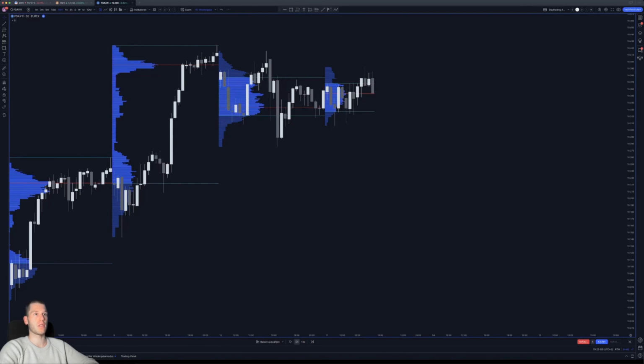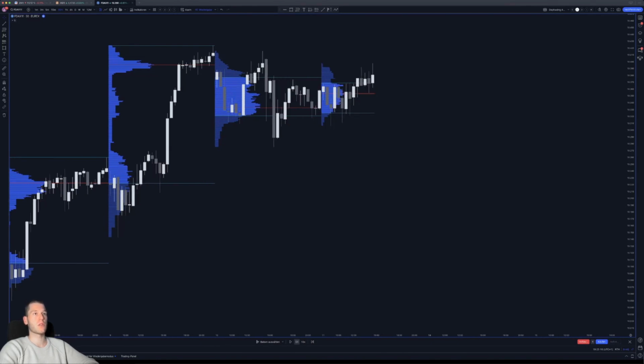We have a reaction at the value area high. We go into some price discovery, and we have the first closing above the value area high. So this is the first sign that we are going to go to price discovery, but it's spending a long time at the value area high. So it's the first sign that you can add the footprint or add the order book, but we will discuss that in later sections.